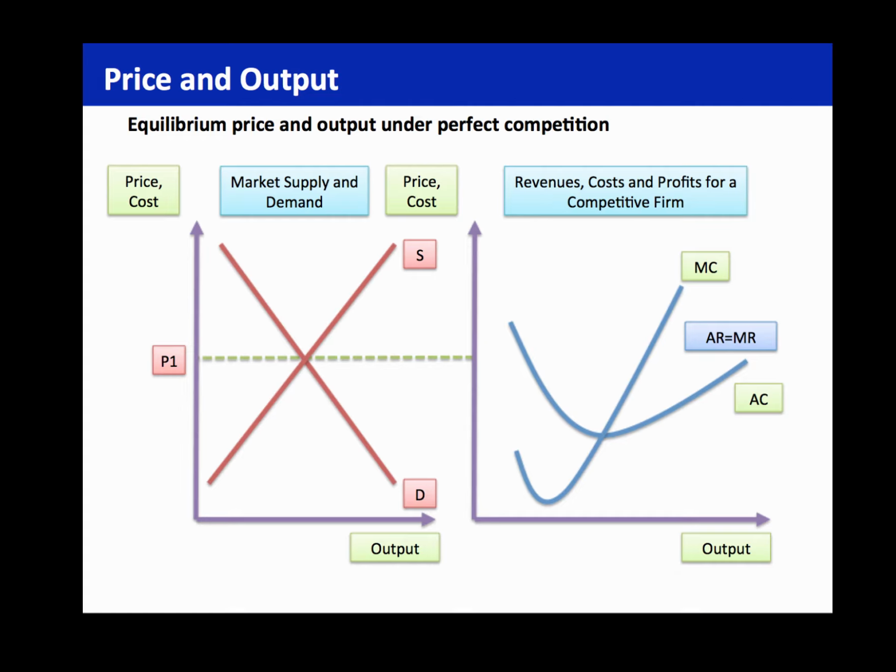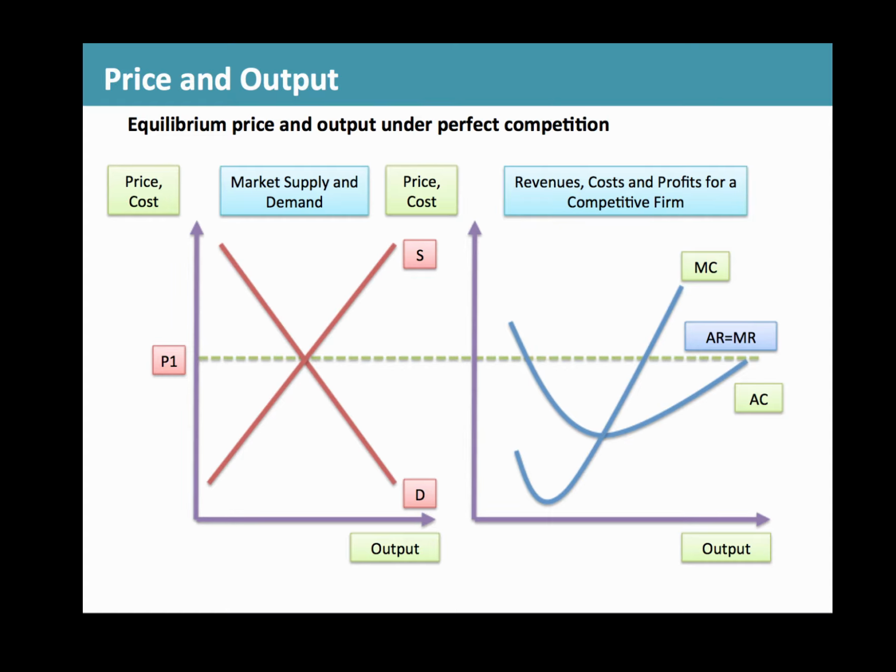This is the sum of all the supply curves of the firms to give us the supply curve, and the sum of the individual demand of consumers to give us the demand curve. This means that the market price of P1, an equilibrium price, is established, and that green dotted line goes across from the left-hand diagram to the right-hand diagram, each firm is assumed to be a price taker.